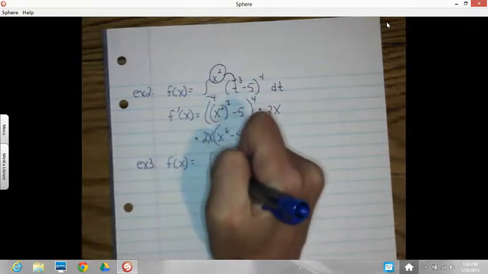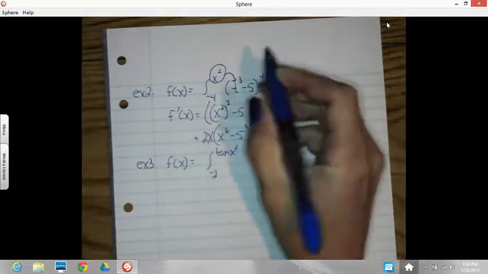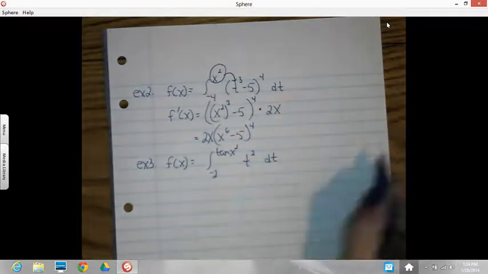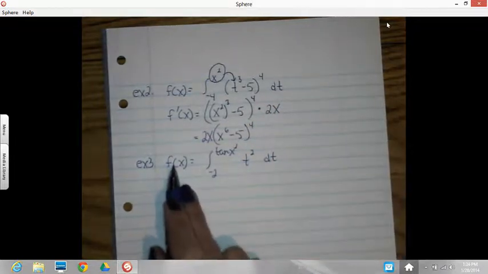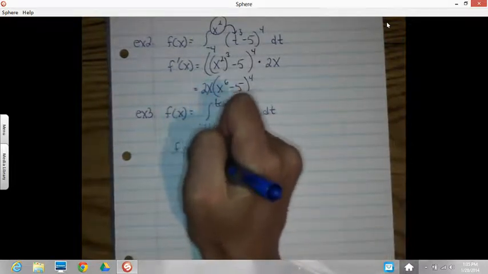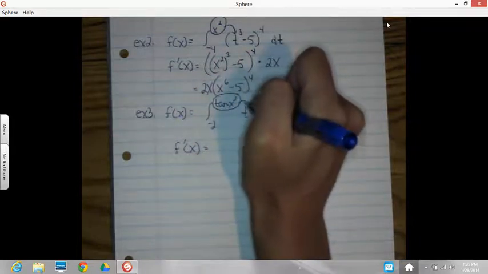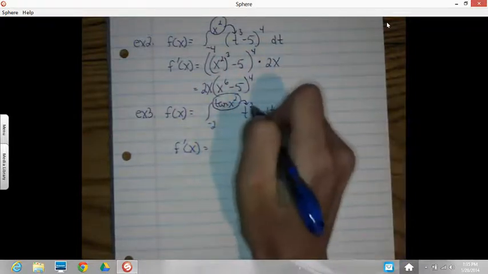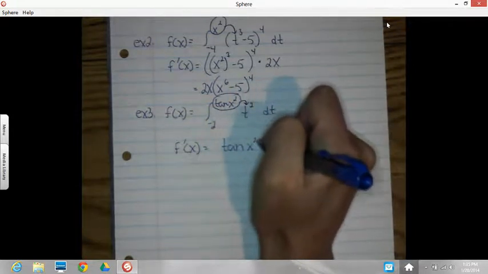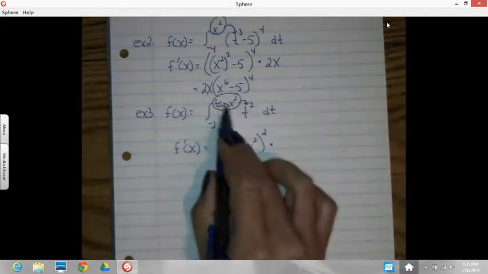Let's go. The integral from -2 to tangent of x squared of t squared dt. Looking for f prime of x, not the integral. So the shortcut says take this, substitute it in for the t, and then I have a squared, so it's going to be tangent of x squared, squared, but then I always have to remember to multiply by this derivative.